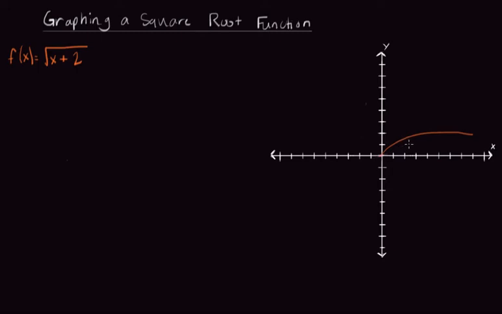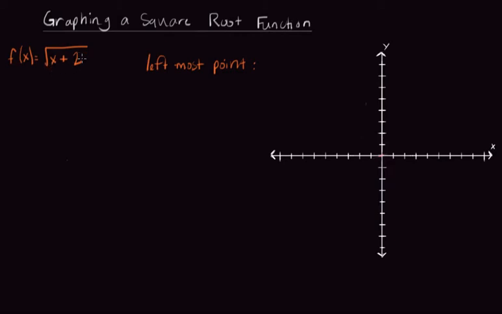So the best way to graph a square root function is to first figure out what the leftmost point is going to be. So you want to look for the leftmost point. The leftmost point is going to be basically the last point in the domain, or the place where the square root is going to equal 0.